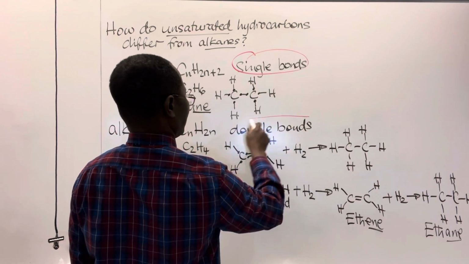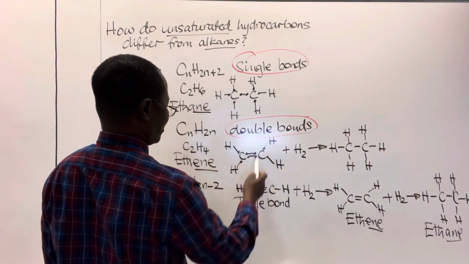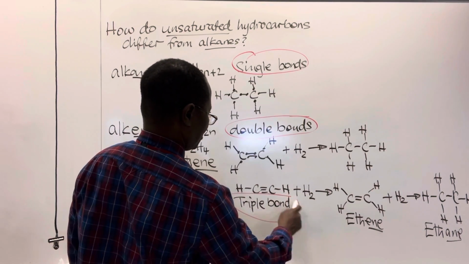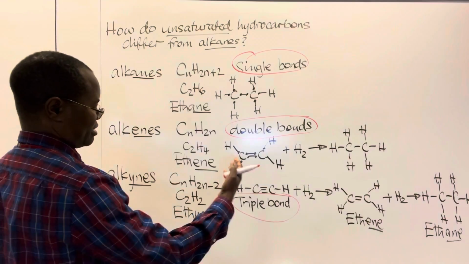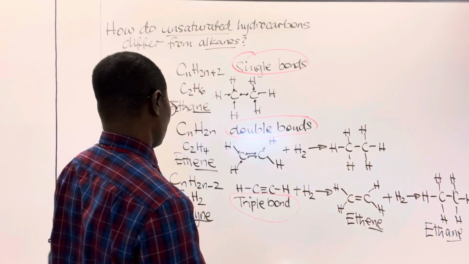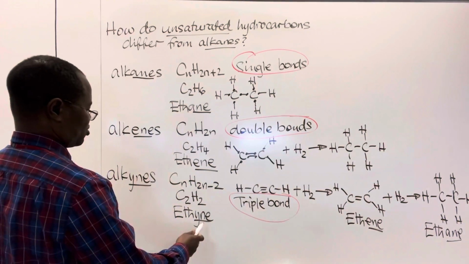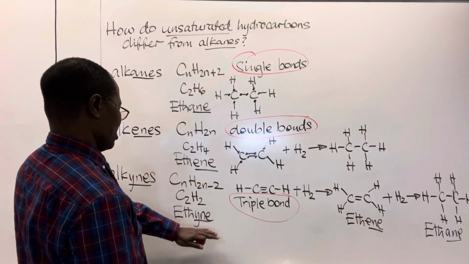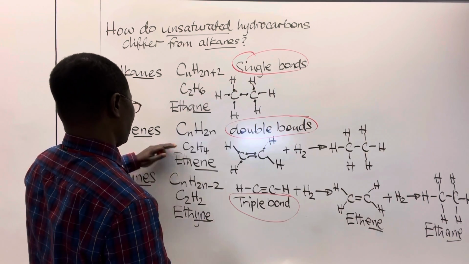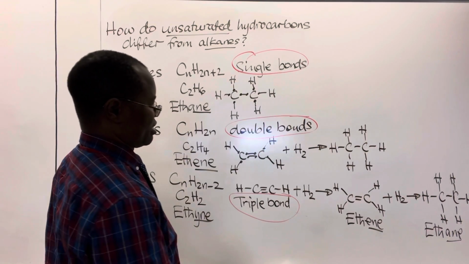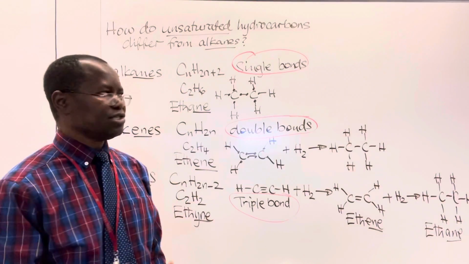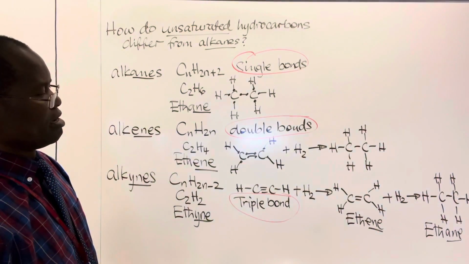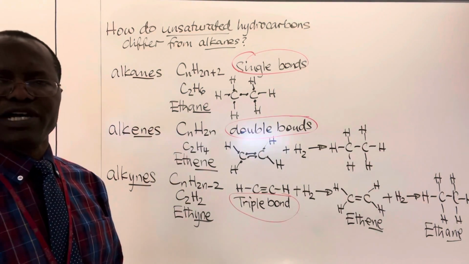The unsaturated ones usually have double bonds or triple bonds, so there's still room there to add hydrogens. And just make sure for names you follow the family names. That's how it's supposed to be. It's a simple question, but you have to pay more attention to it.